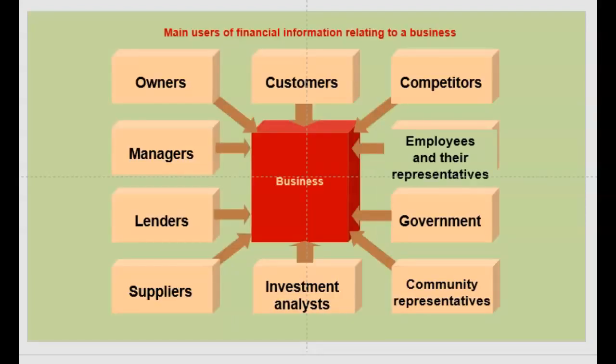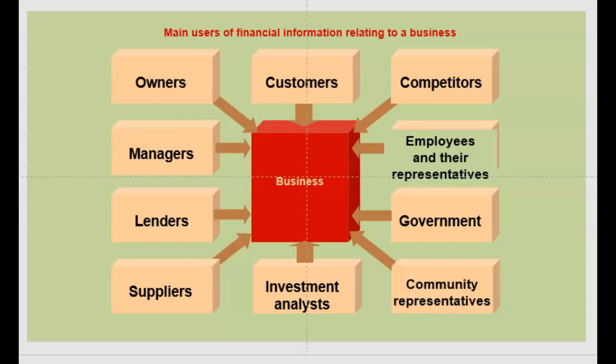Now let's get down to the people who actually use information. The owners of the business sometimes, because they're not there. If you have shares in a very large company like Walmart or Apple or Amazon, the shareholders don't run the companies, the board of directors run that. So they will need information as to how the organization is doing. Managers also need that.